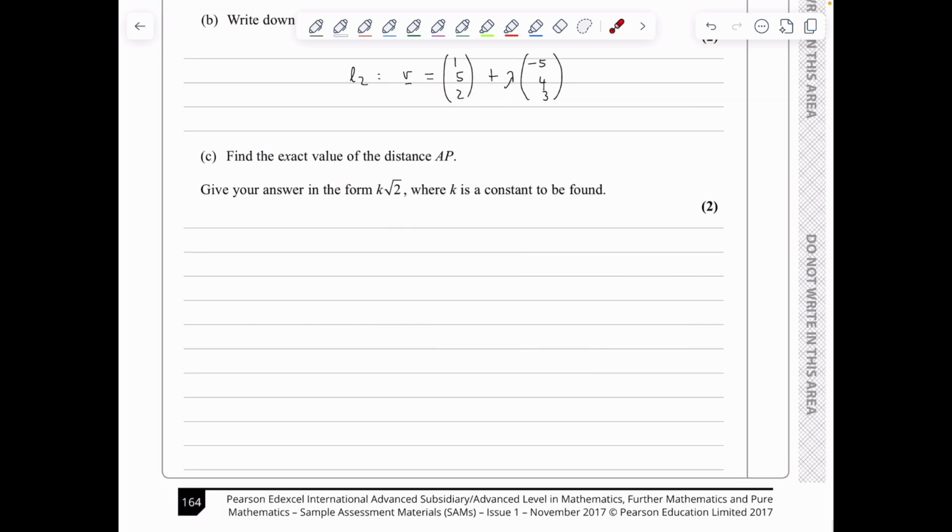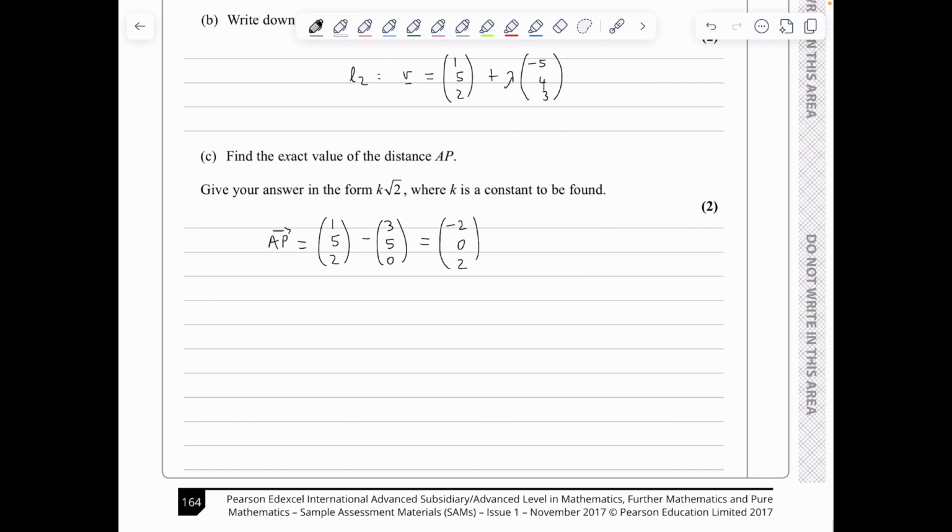In part C, we're asked to find the exact value of the distance AP, giving our answer in the form k root 2. I will start by finding the vector AP. So I'll be doing the vector P minus the vector A. The vector P is (1, 5, 2), and the vector A, we found this in part A to be (3, 5, 0). This leads to (negative 2, 0, 2).